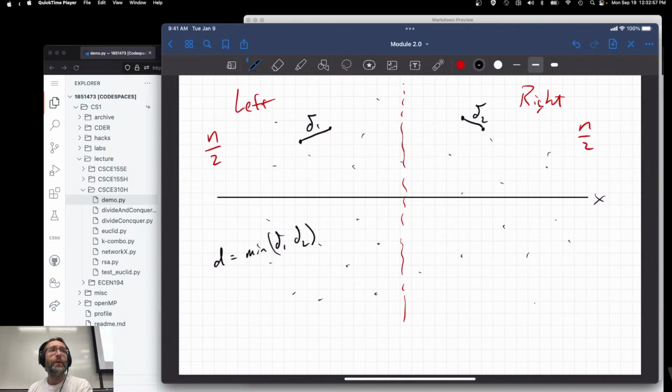But you've got to be careful, right? What if there's a point really close to this cutoff here, and there's another point really close to this other cutoff over here that straddles that divide, right? And what if the distance there, D3, is less than D, the minimum distance over here? So that leads to, okay, well, now we've got to test everything that goes over this dividing line.